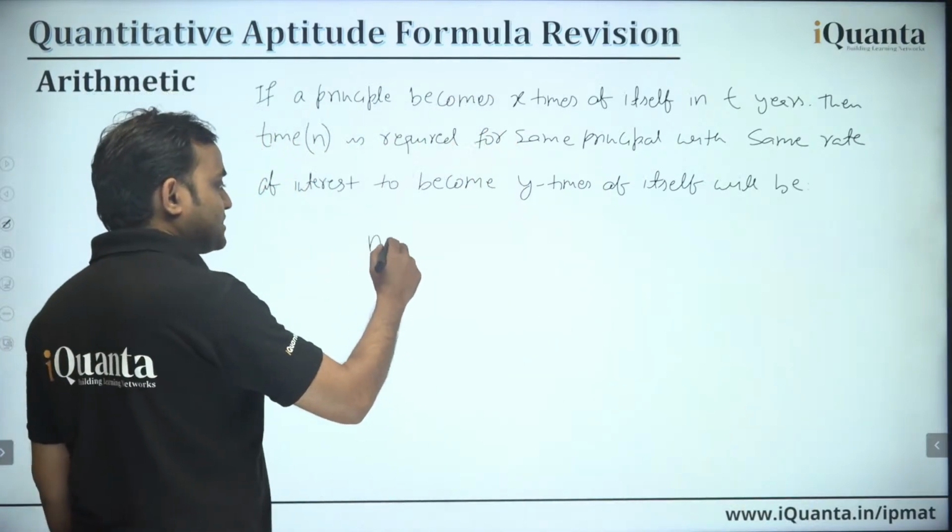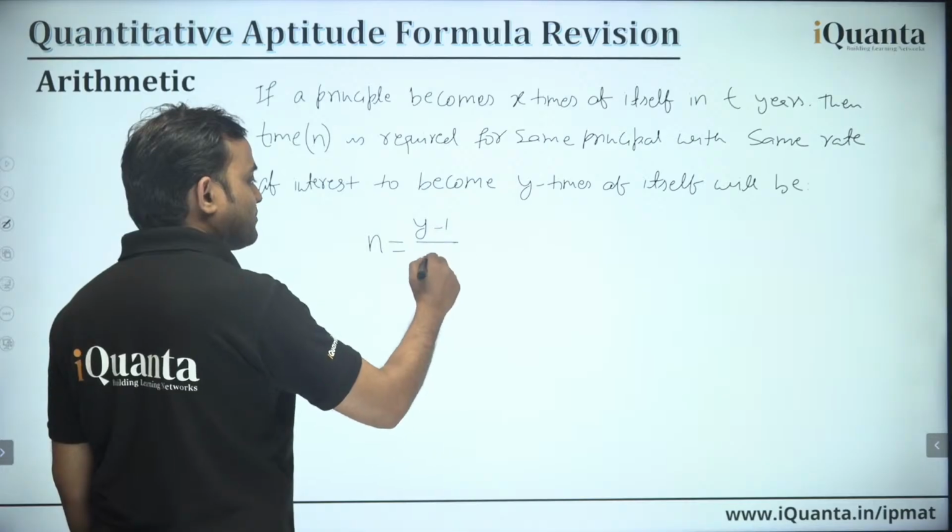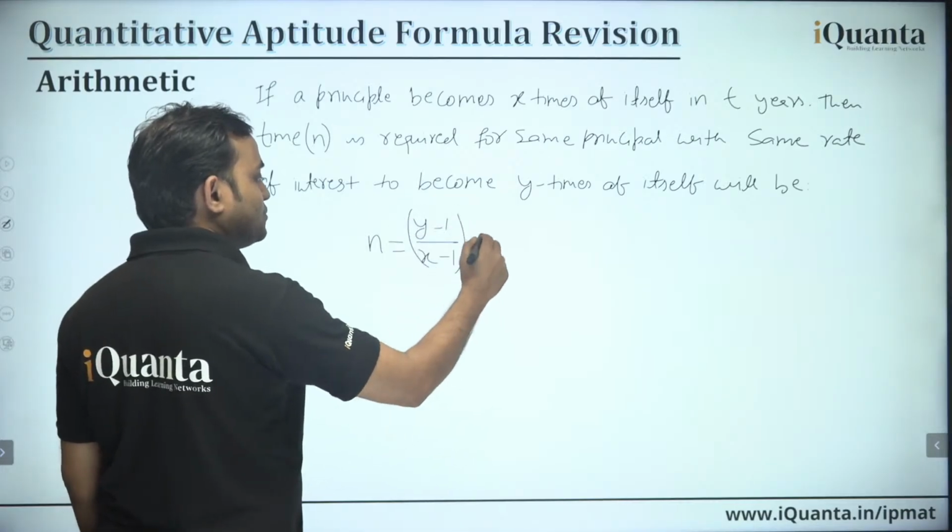We say n is equal to y minus 1 upon x minus 1 into t.